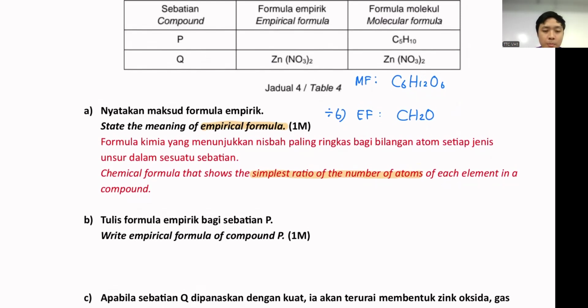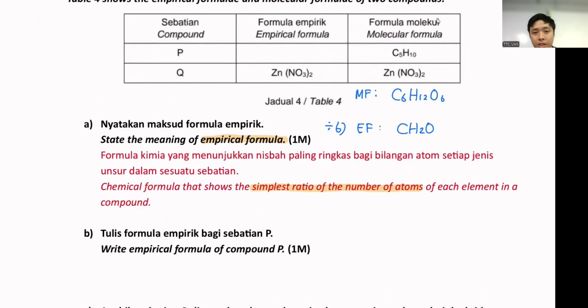Write the empirical formula of compound P. Now you can see compound Q, right? You might be curious, how come it's the same? So yes, in some cases, the empirical formula can be equivalent to the molecular formula, because in the molecular formula, the ratio is zinc is 1, nitrogen is 2, oxygen is 6.